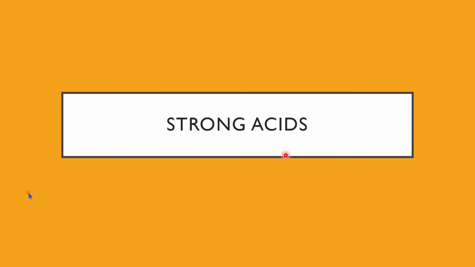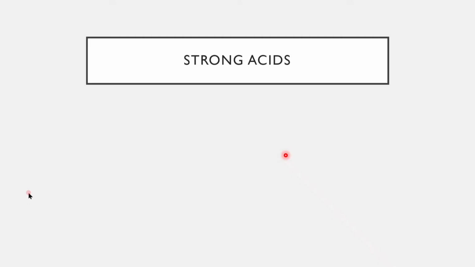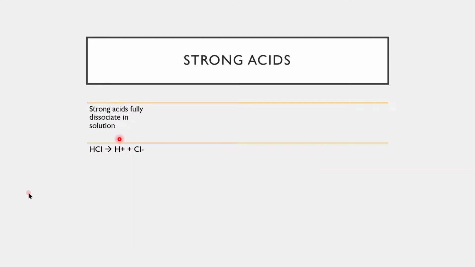So we're going to start with strong acids. Strong acids, we know, fully dissociate in solution, and by dissociate we mean that they give up hydrogen ions. Hydrochloric acid is a strong acid because in solution the reaction will go to completion, meaning that all of the acid molecules will donate their hydrogen ions to form hydrogen ions and its conjugate base in solution.